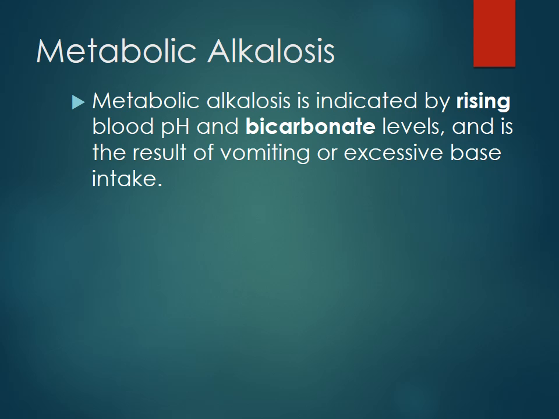So remember I said on the previous slide that acidosis was a decrease in both. Here with metabolic alkalosis, there is an increase in pH and an increase in bicarb, and the result is usually from vomiting or some kind of excessive base intake.